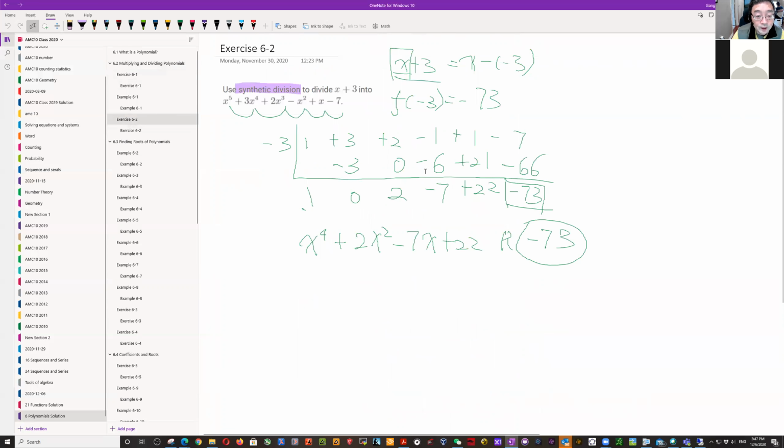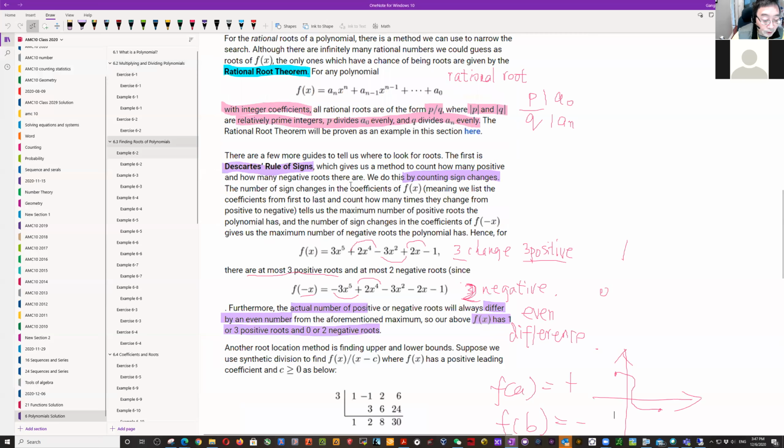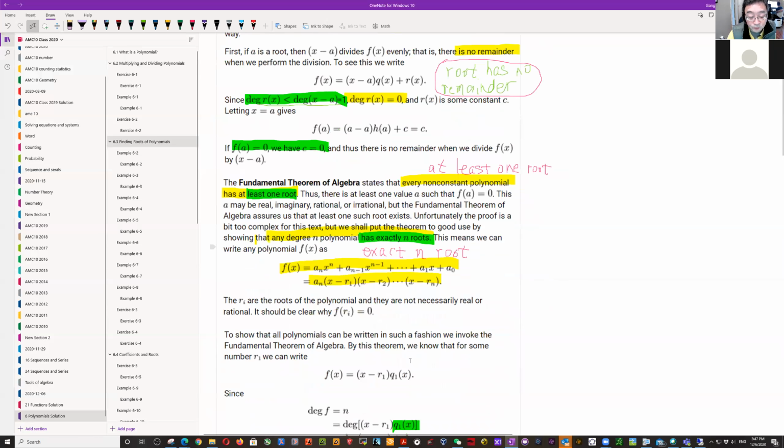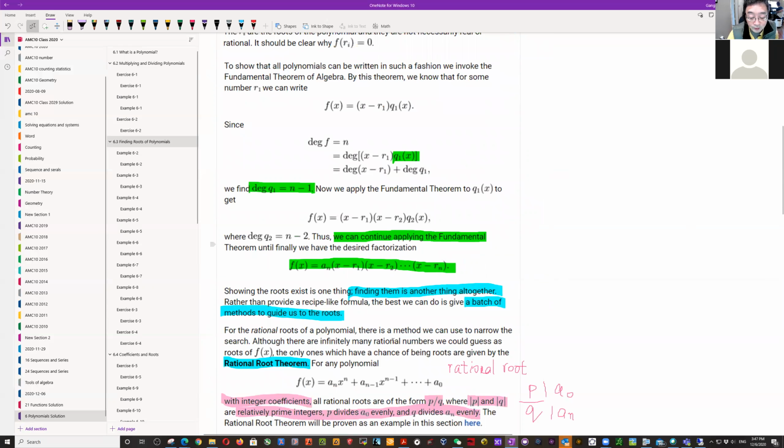Then we can use synthetic division to divide if you use just one value, a linear factor. And then we have all the rules of the roots. Basically, it defines the number of roots to be exactly n roots. It also defines the rational root.